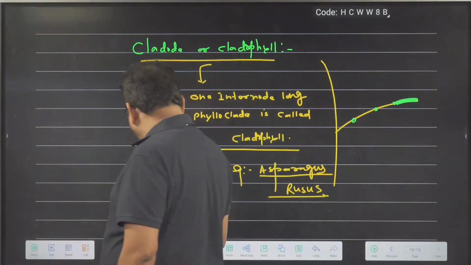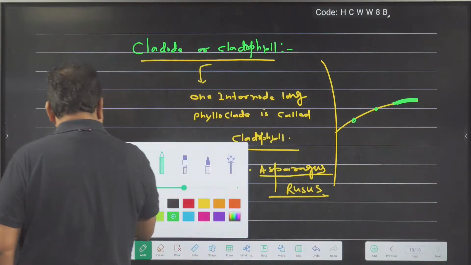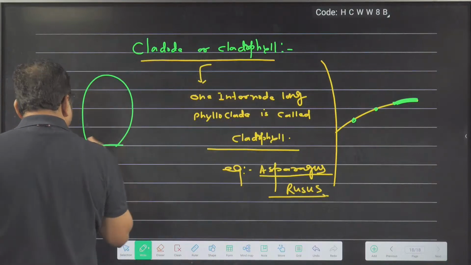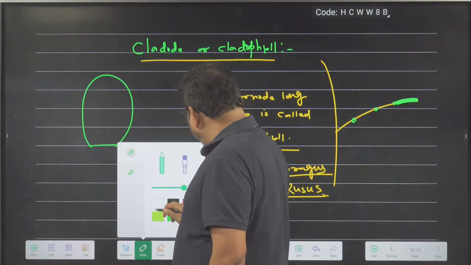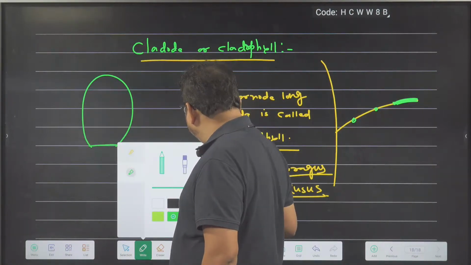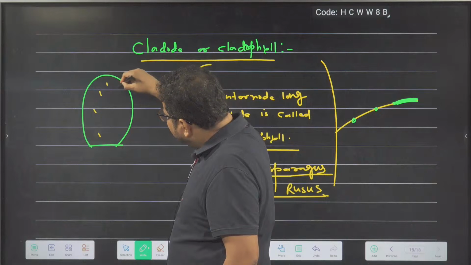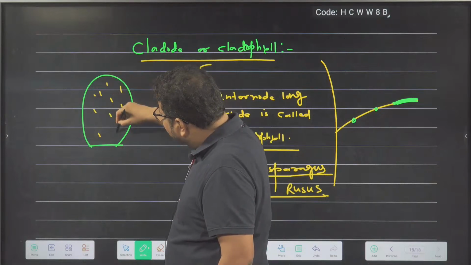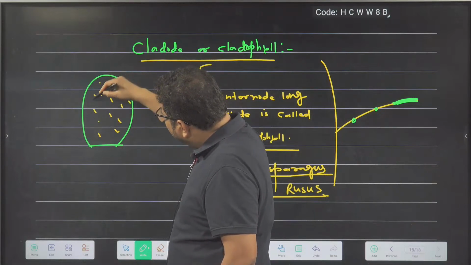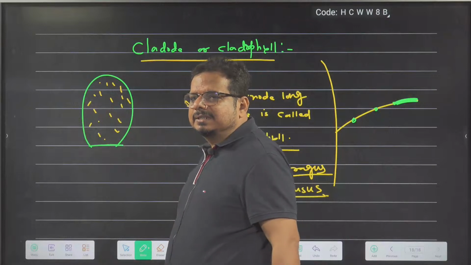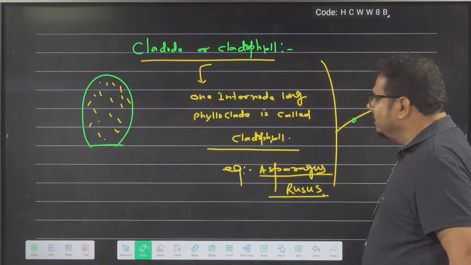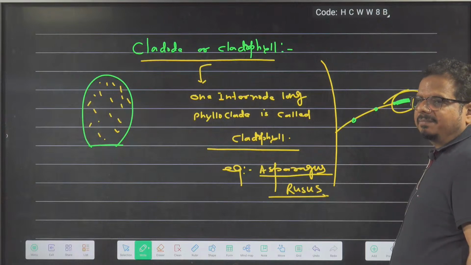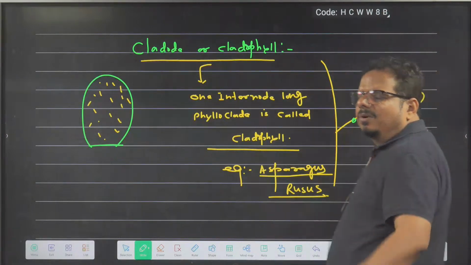But in the case of Opuntia, Euphorbia, what are you finding? Entire stem becomes photosynthetic. Why? Here how many nodes are there? As many spines as there are, as many nodes are there. So all internodes become which one? Green and photosynthetic. Here only that much part becomes photosynthetic. Remaining stem does not become photosynthetic.